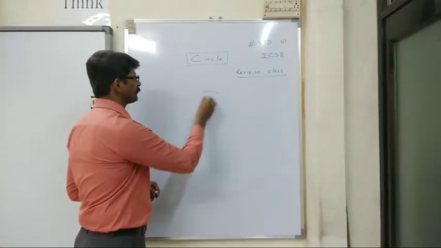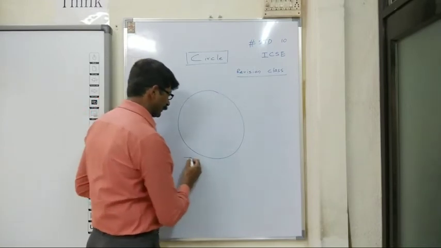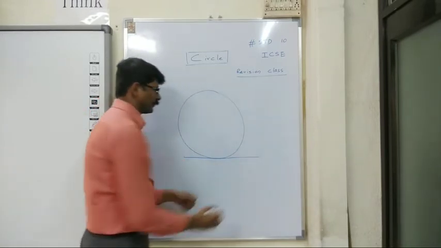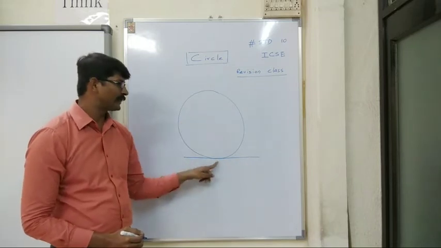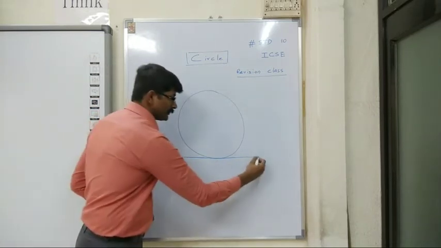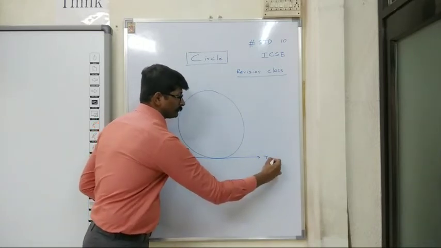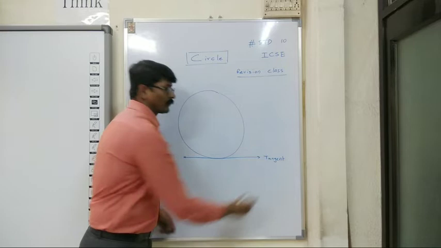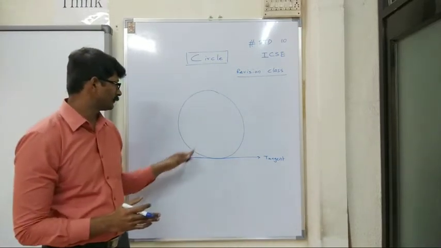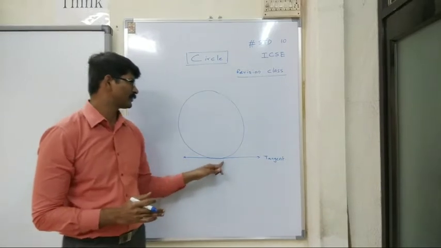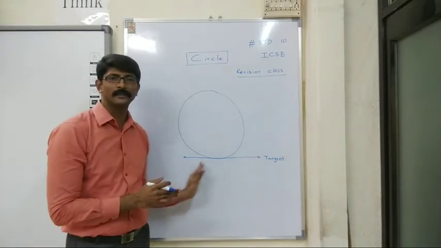If we have a circle and we draw any line, and the line touches this circle at exactly one point, then this line is called a tangent. I hope this is very clear to you. If there is a line which touches the circle at exactly one point, that line is called a tangent.